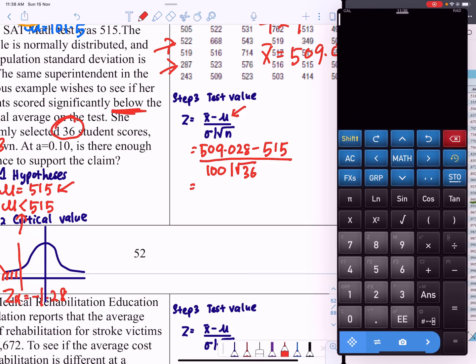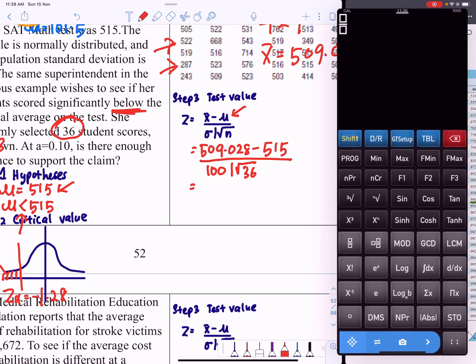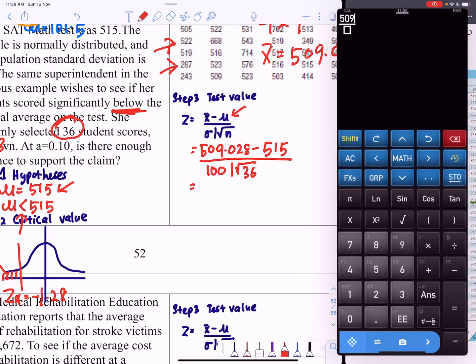Of course you use a calculator. 509.028 minus 515, and at the denominator 100 divided by square root 36 equals negative 0.358, or approximately negative 0.36. That is the test value.